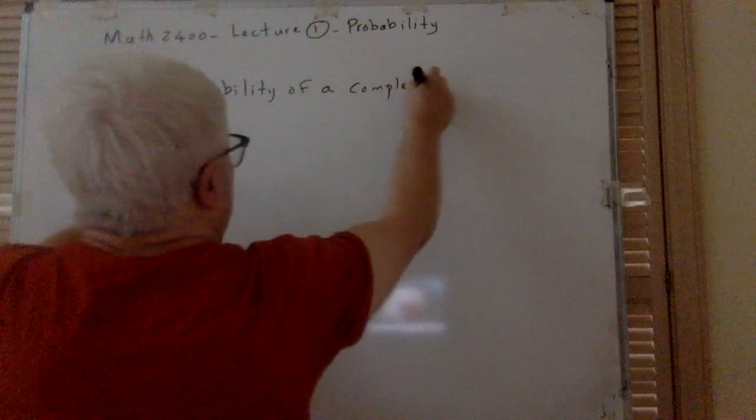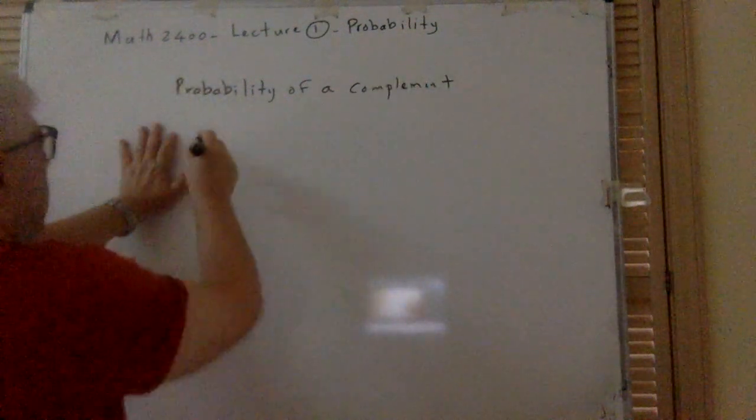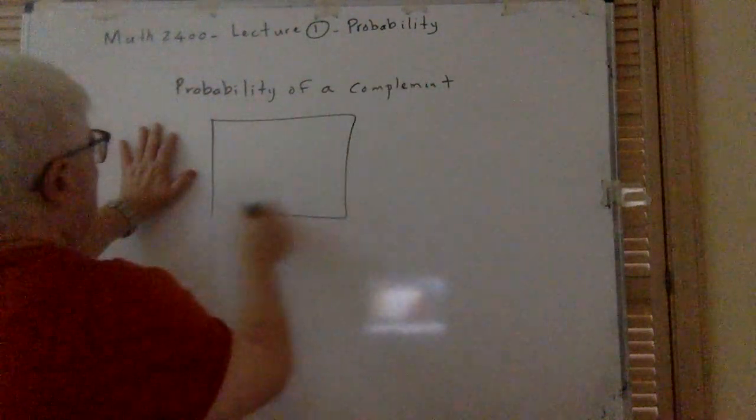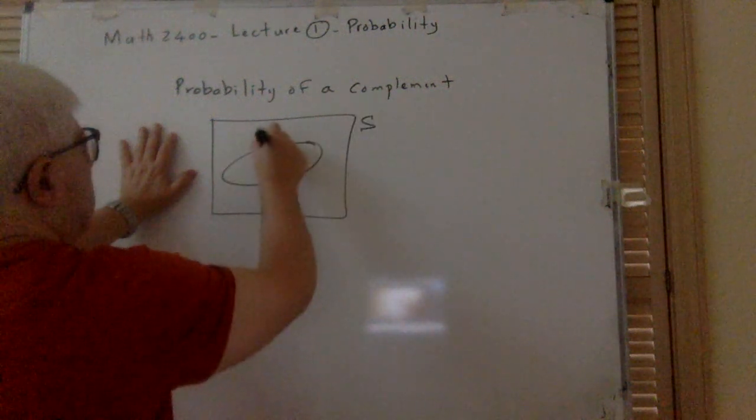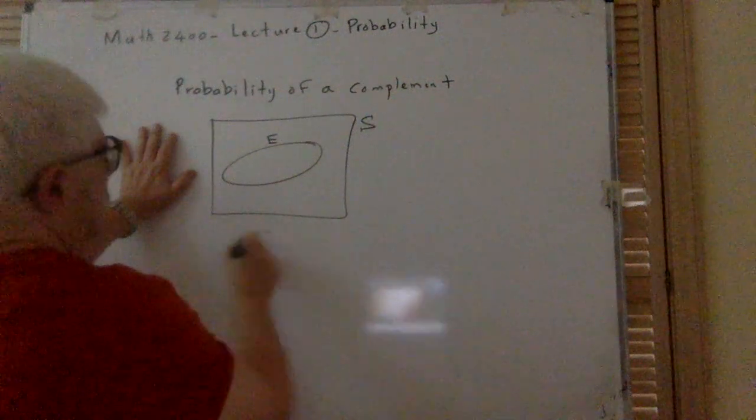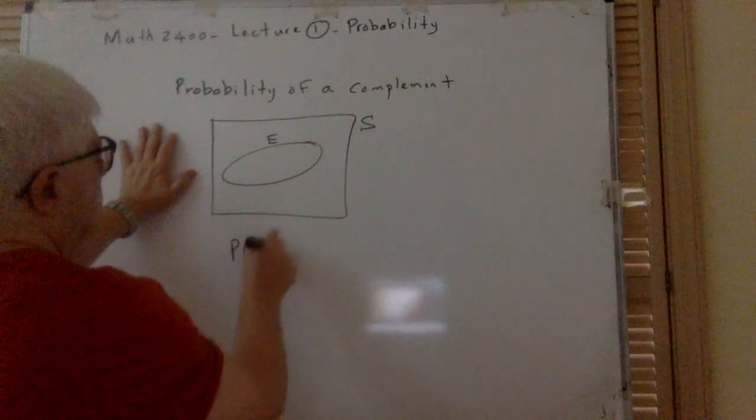So if I have S as the sample space and E as an event, what is the probability of the complement of E?